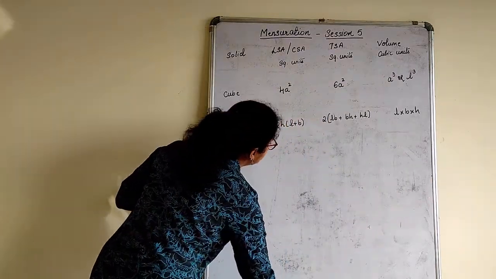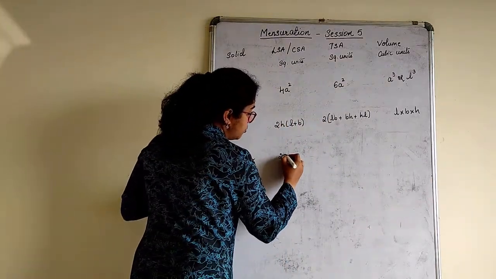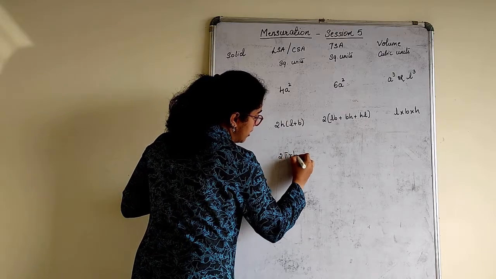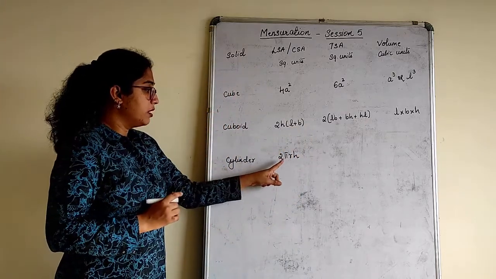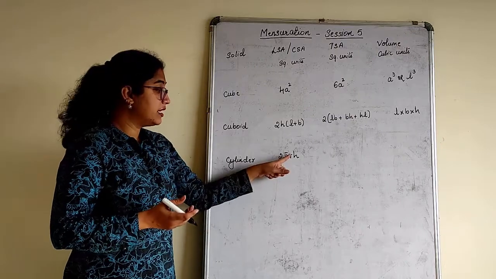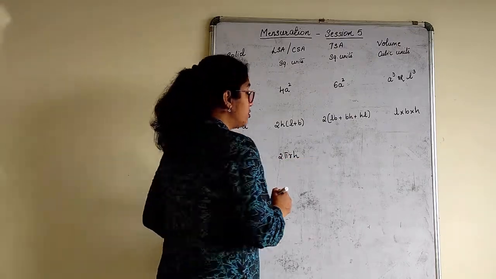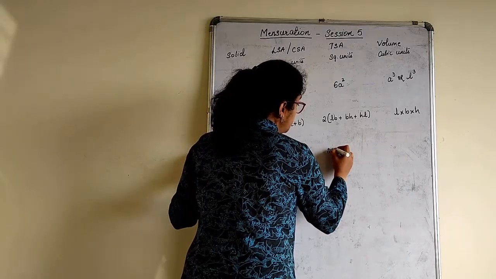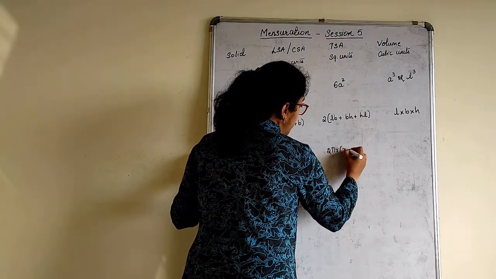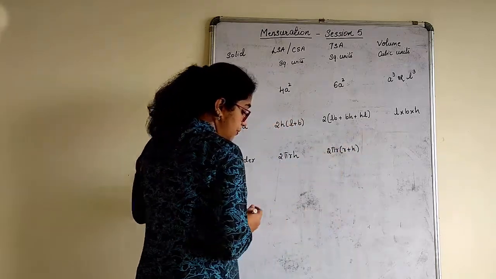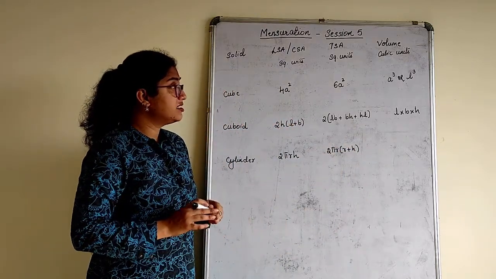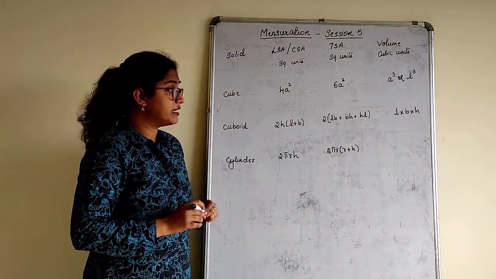Now cylinder, CSA is 2 pi r h. Pi stands for 22 by 7, r stands for radius, and h stands for height. Now TSA is 2 pi r of r plus h. So this is the total surface area of a cylinder.